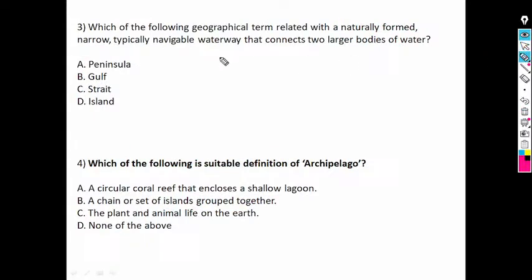Next, which of the following geographical terms is related to a naturally formed narrow, typically navigable waterway that connects two larger bodies of water?